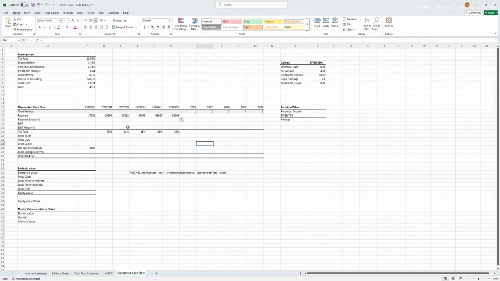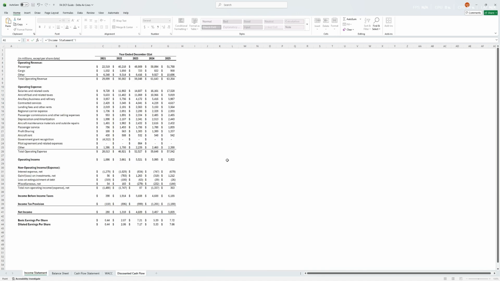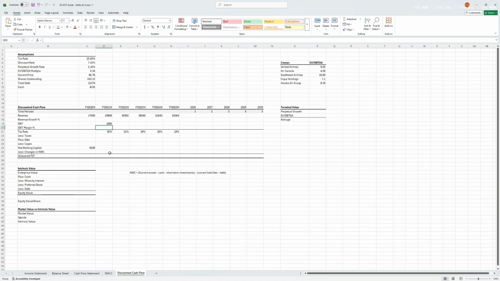For EBIT, for simplicity in the valuation, we're going to exclude non-operating income, as we're trying to value Delta based upon the revenue generating business, not any one-time sales or anything that's not recurring. So for our EBIT figure, we can just go to the income statement and use operating income. We'll do that and then drag that across.